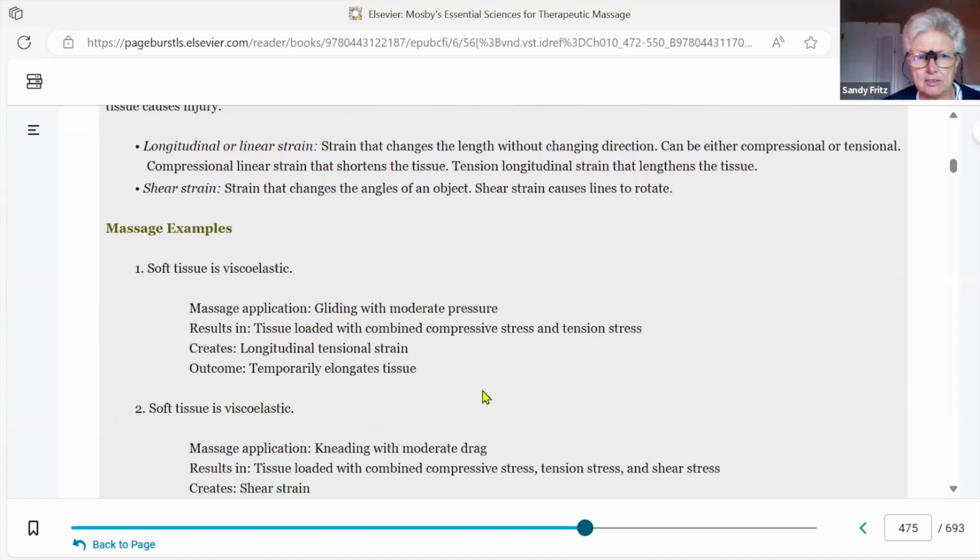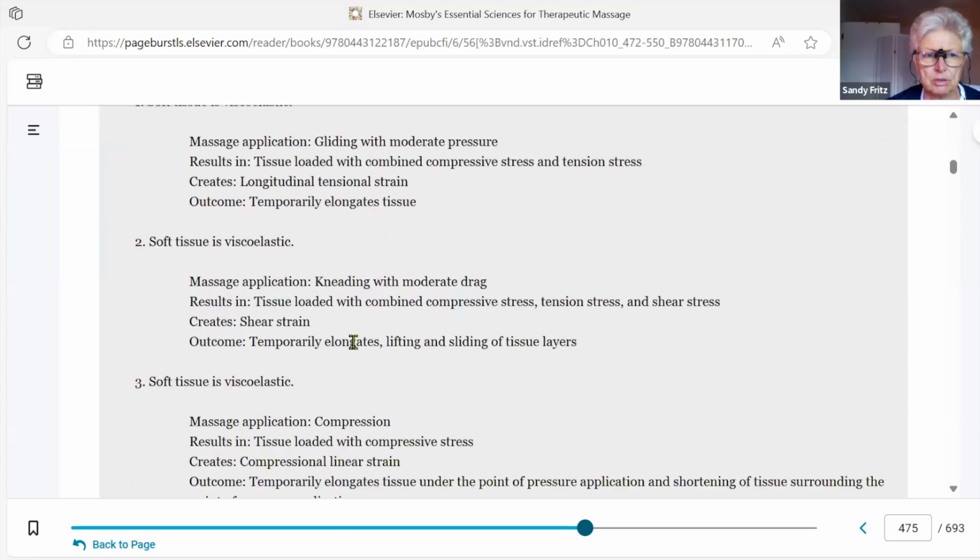So here are some massage examples to this. Soft tissue is viscoelastic. Massage application gliding with moderate pressure results in tissue loaded with combined compressive stress and tension stress. And then it creates a longitudinal tensional strain, and the outcome is temporary elongation of the tissue.